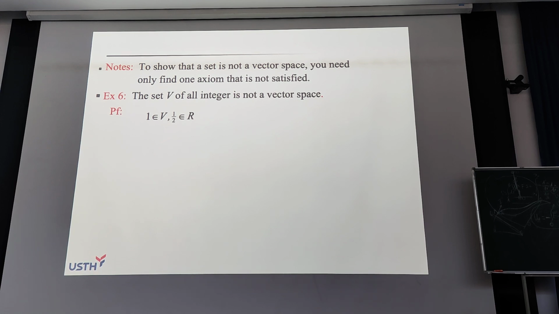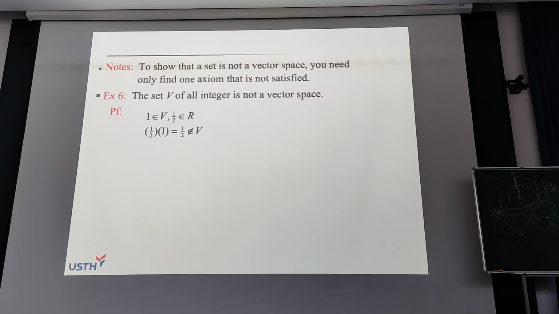You take 1, that 1 is an integer, so it lies inside V. Now if I take 1/2, that is a real number, and we multiply 1/2 by 1, you get 1/2. So it is not an integer, so it does not belong to V.